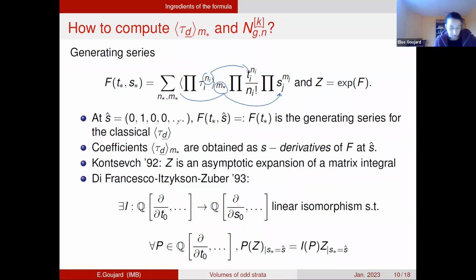This is a small observation. I think that Kontsevich showed that this generating series is an asymptotic expansion of a matrix integral. So this gives a recursive way to compute these coefficients.